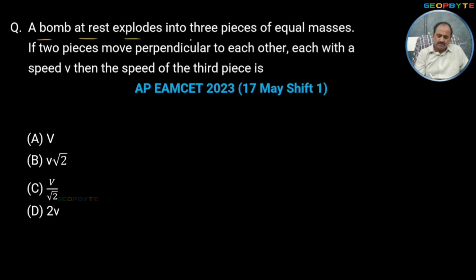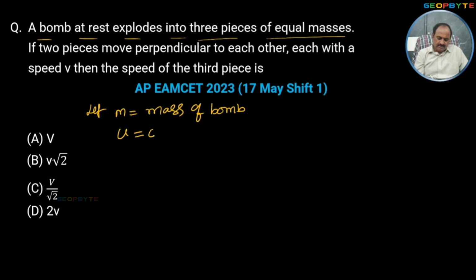A bomb at rest explodes into three pieces of equal masses. That means let capital M equal the mass of the bomb, and its initial velocity is 0 because it is at rest.